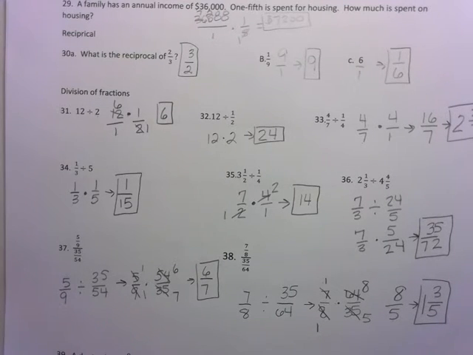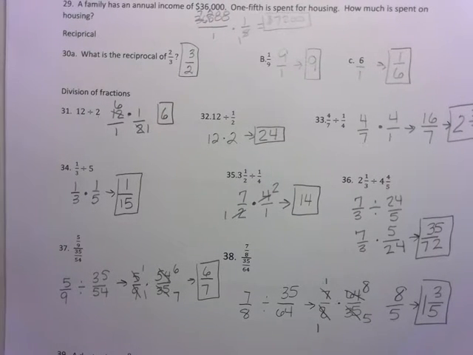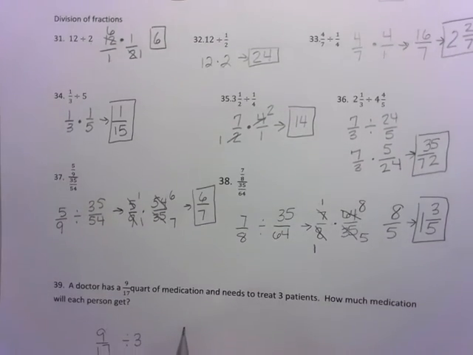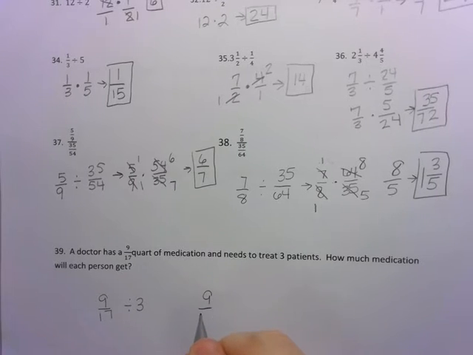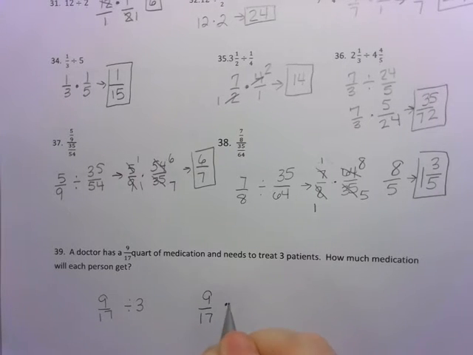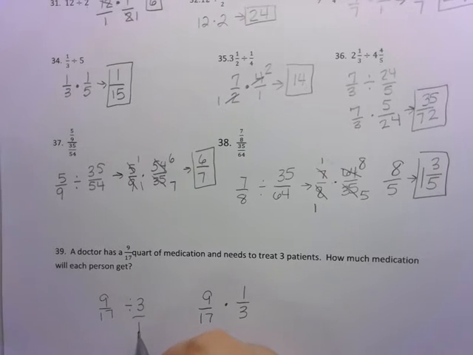So a doctor has 9/17 quart of medication that he needs to divide by 3 patients. So how much medication will each patient get? I'm going to divide this by 3, which is the same thing as saying 9/17 times 1/3, because remember there's really a 1 here.